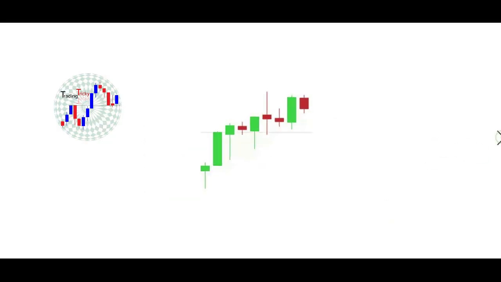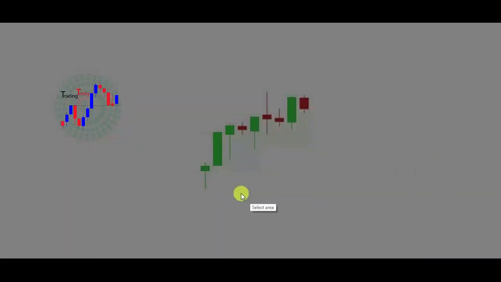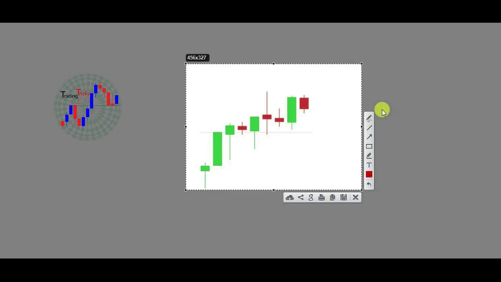So let me show you another example here. We can see an uptrend. Okay, but this candle made a new low, because this is the previous low here, but this candle made a new low.